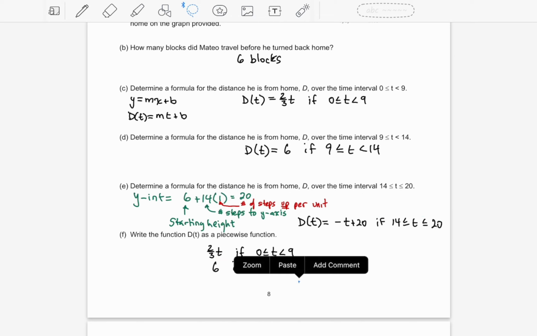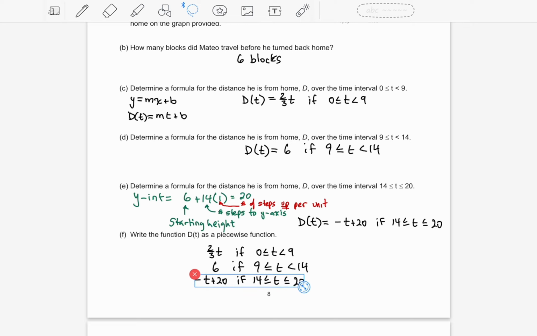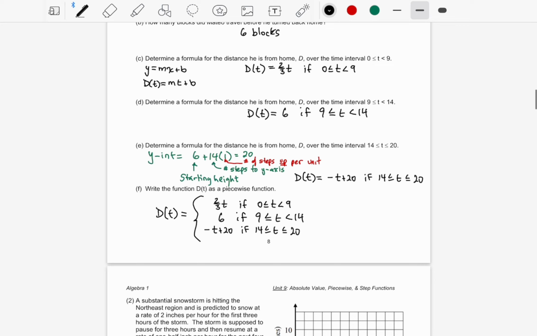It's just a matter of notation at this point. As long as you say d of t is equal to, rather than f of x or y or anything like that, you got to use the right notation, then you'll have it. All right. So yeah, I mean it's got a little kick to it, but it's definitely manageable if you follow the process.